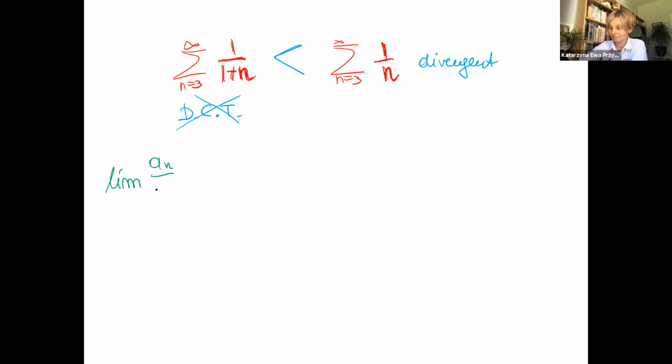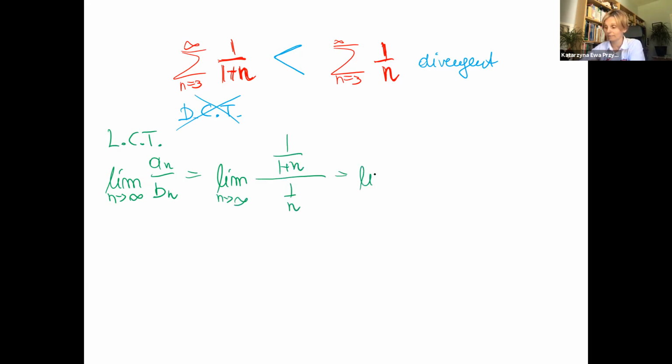We will check the limit comparison test. Hopefully it will work. A sub n over B sub n. A sub n is the original formula. B sub n is the new formula. And when I flip the fractions, what is this limit? It's not 0, not infinity. We are good to use this limit. n over n, the limit is 1.